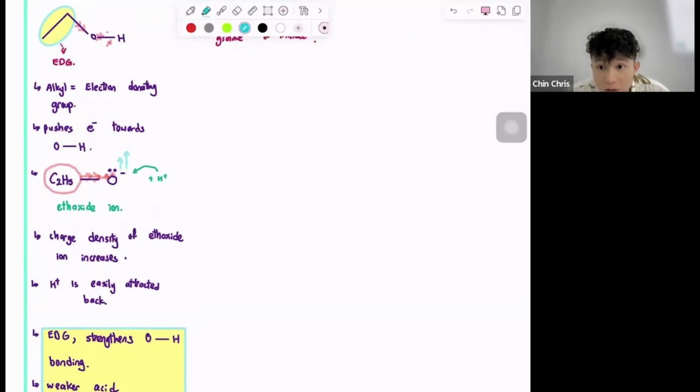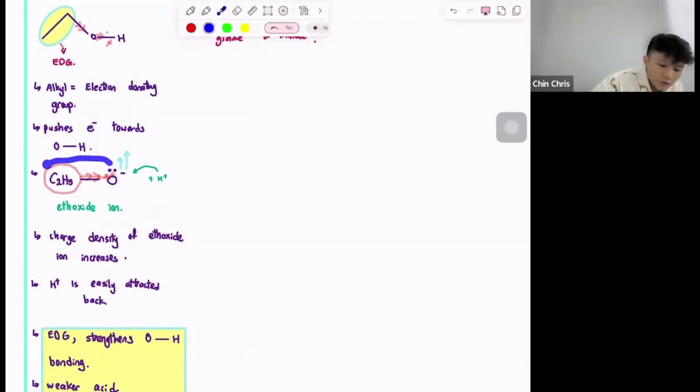Is the ethoxide ion after the electron push or before the push? The ethoxide ion has nothing to do with electrons being pushed before or after. The ethoxide ion is when the OH bond breaks. So even before or after the electrons are pushed towards the oxygen, it's still an ethoxide ion.